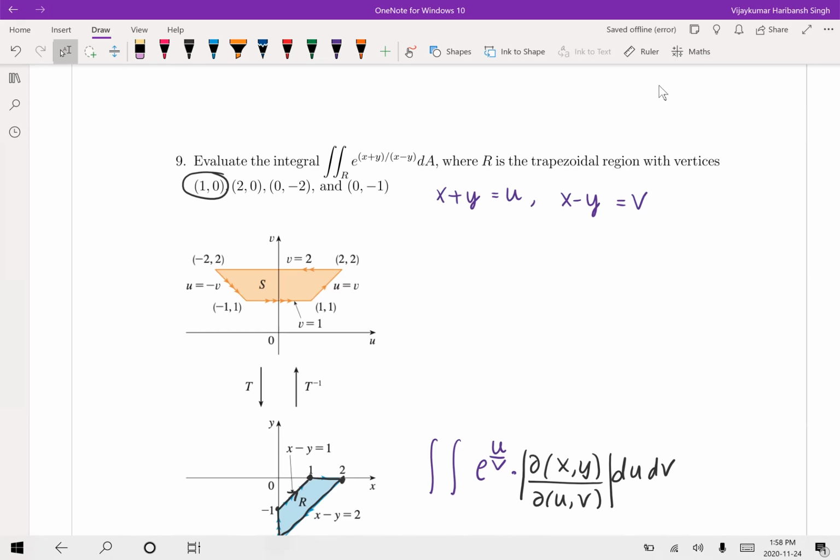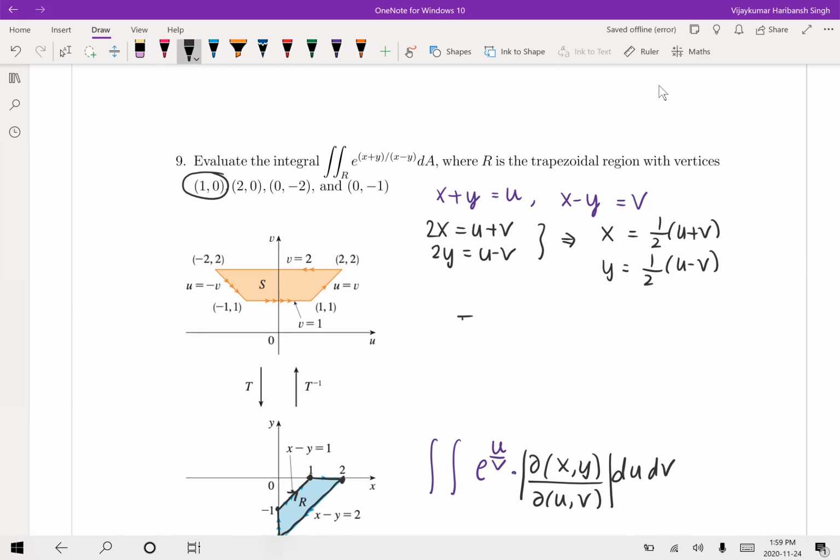How do we compute that? One way is to compute it implicitly, or otherwise you can write it down. If you add both equations together, you get 2x equals u plus v. If you subtract them, you get 2y equals u minus v. So this gives me x equals half of u plus v, and y equals half of u minus v.